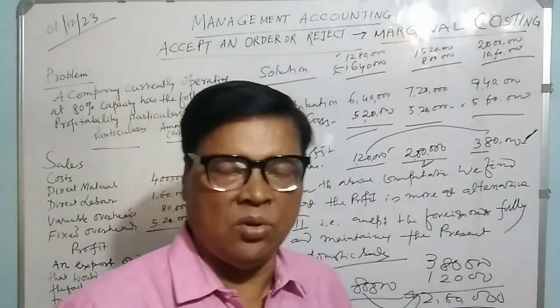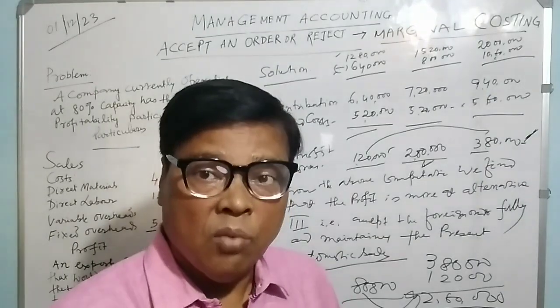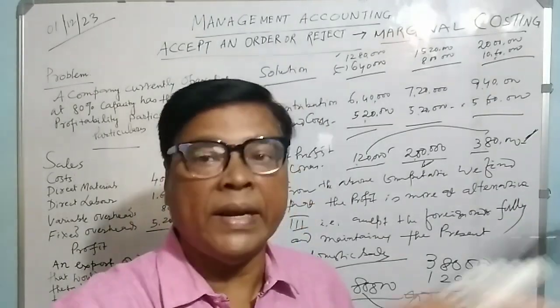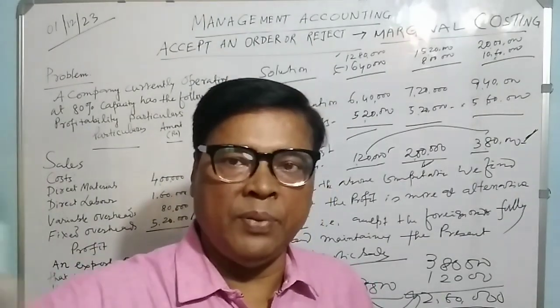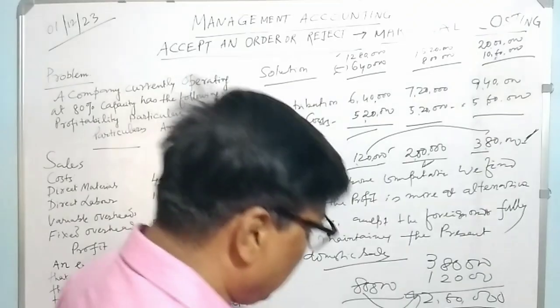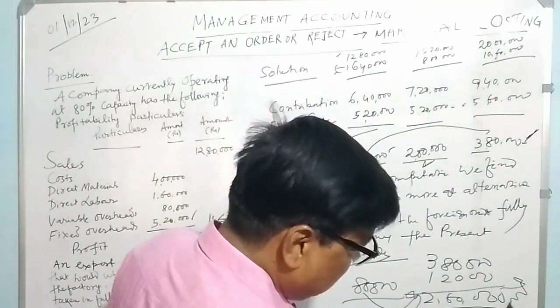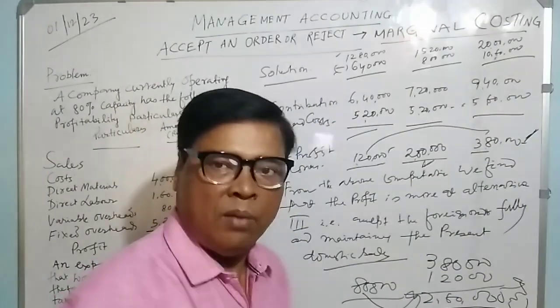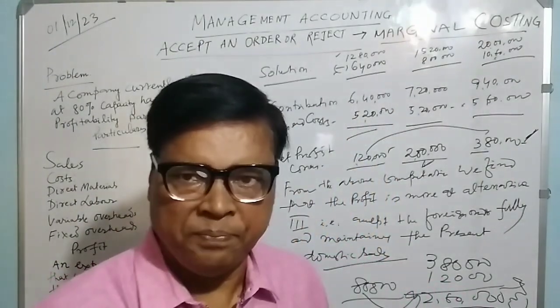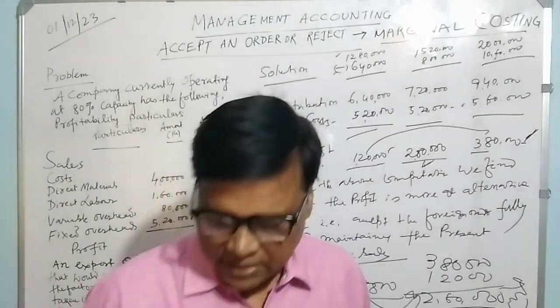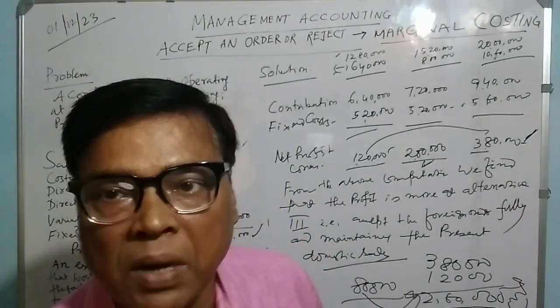Once you do this exercise, you can do it for more additional capacity. But it is not that it will go on indefinitely. You have to stop after a certain stage where your total profit is reducing. That is the unique thing about marginal costing.